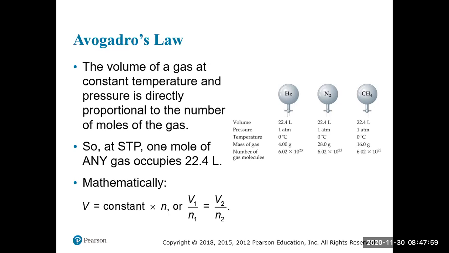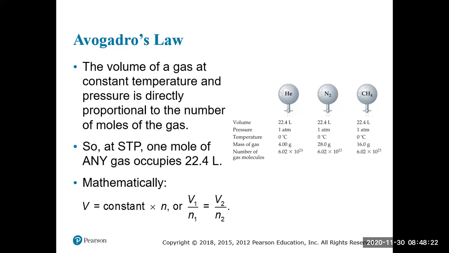So you see the mass for helium 4 grams, N2 28 grams, CH4 16 grams. So the mass goes back to either the atomic or molecular weight. That will vary, but in each case that represents 1 mole. Because that each represents 1 mole, the number of gas molecules is the same in each.